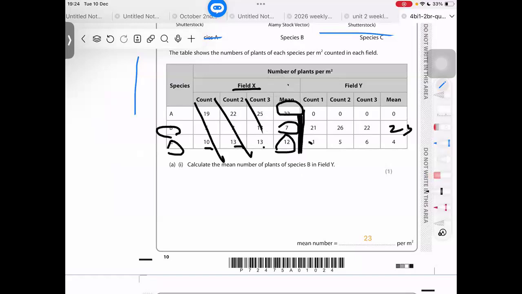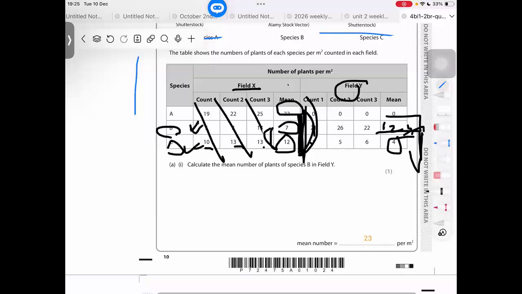I'm not saying they are very close, but compared to 23 and 4 over here, they are close. That means 22 and 12 are a bit close, and even 7 and 12 are a bit close. When compared to 23 and 4, there is a big difference. So you can say that there is uneven distribution in field Y. Why is that? Because species B and C are not distributed evenly.